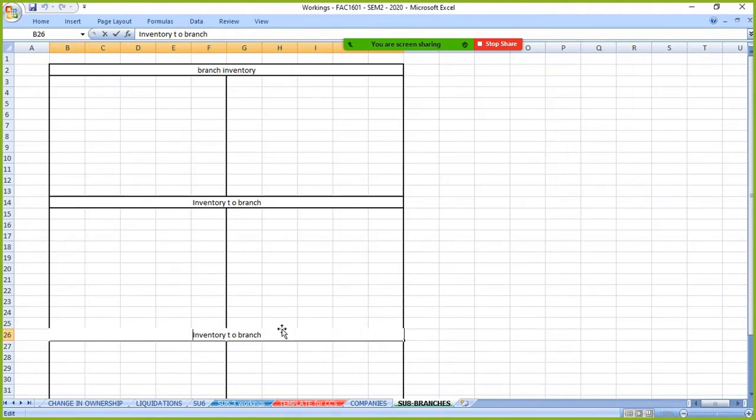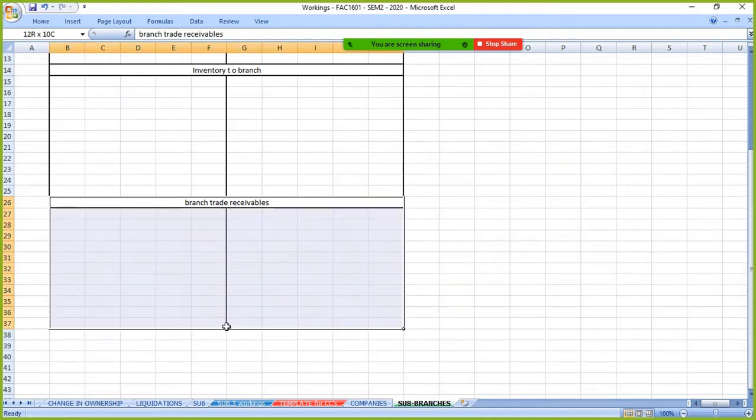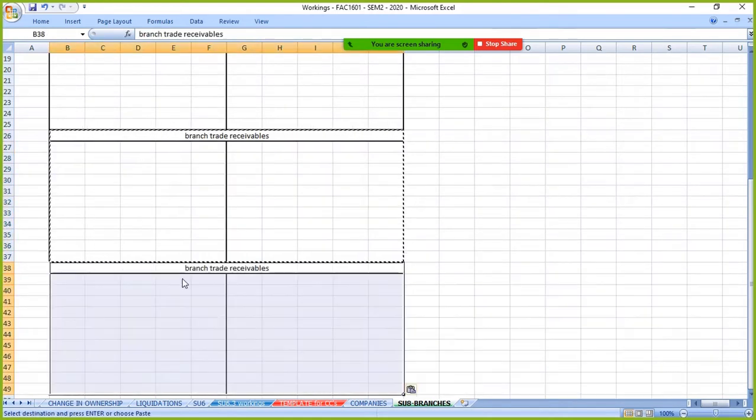Okay, branch trade receivables, branch debtors. Anything else? Was there another one? Branch expense account and bank. So 2 more.